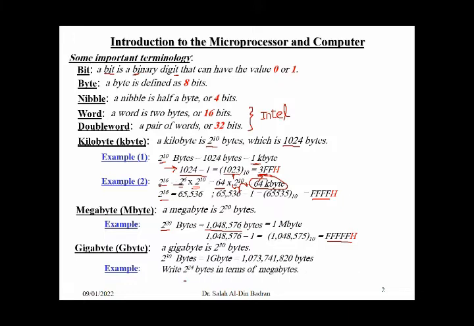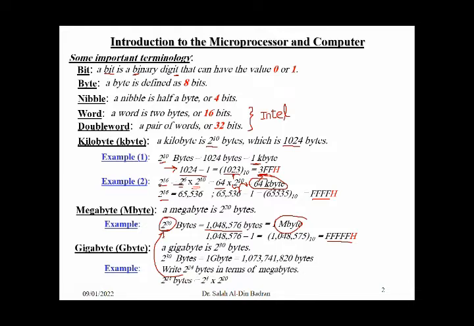If we write, for example, 2 to the power 24, and we want to find it in terms of megabytes, that means 2 to the power 20. So what we do, we separate this number intentionally to have this one. Why?